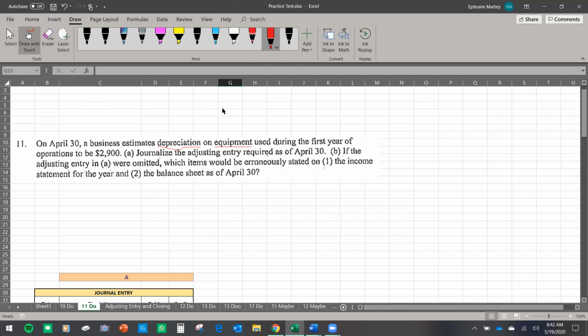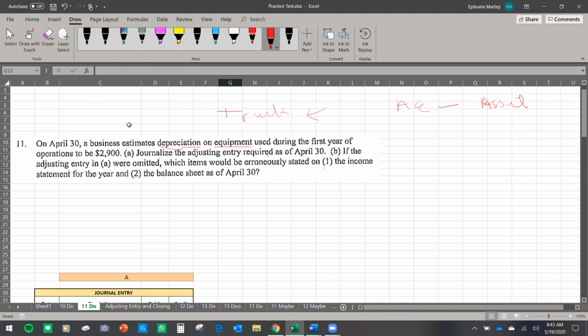If this were to be a truck, your accumulated depreciation will go against the truck. We always have accumulated depreciation and then the equipment, or the asset. But because this is an equipment, your accumulated depreciation is against equipment.